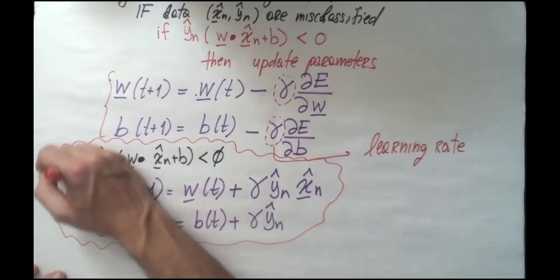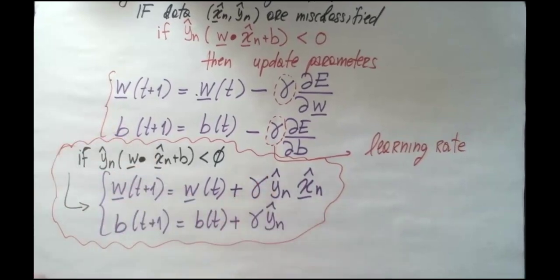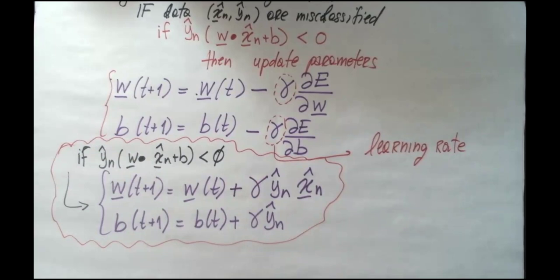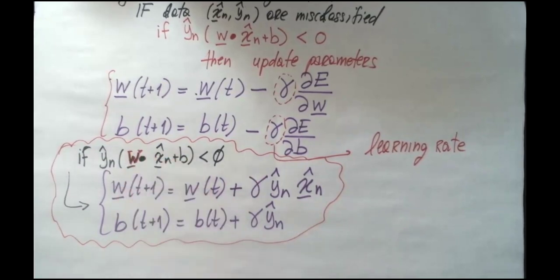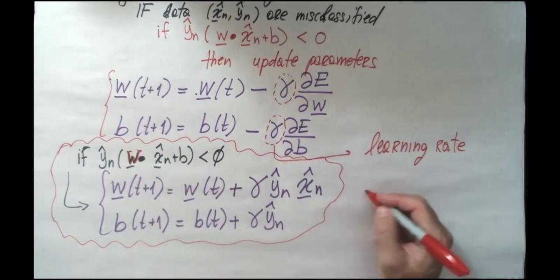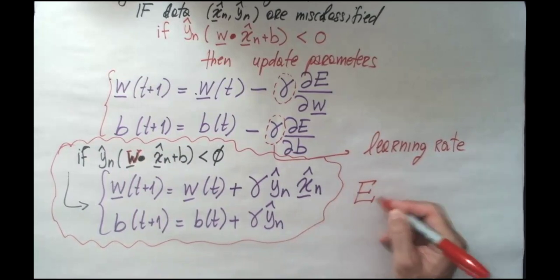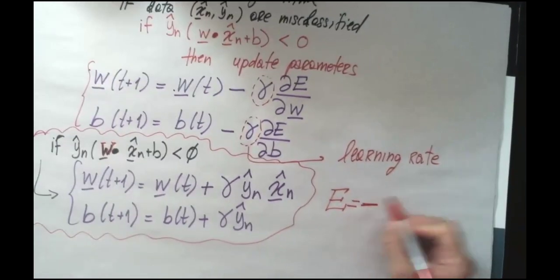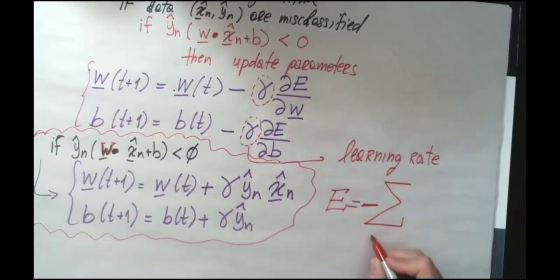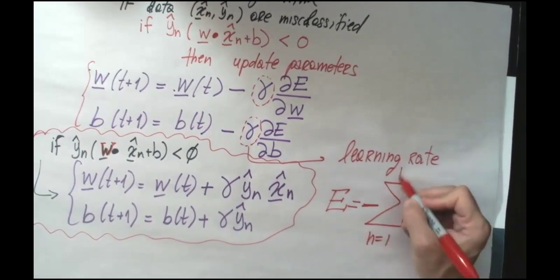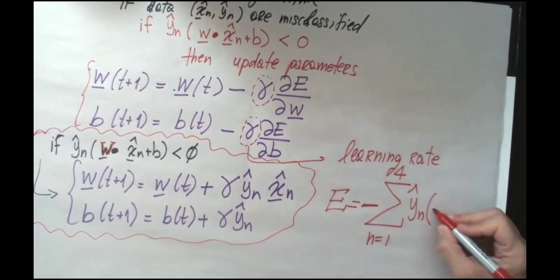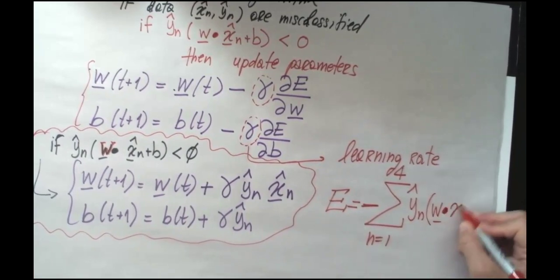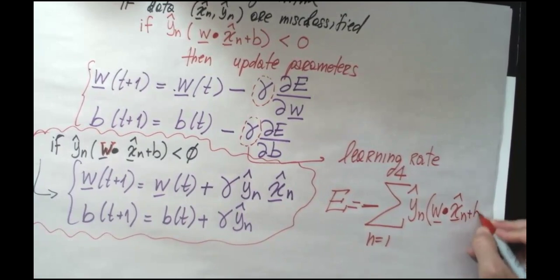And then you keep going, and eventually this algorithm will reach convergence, minimizing the energy E, which in our case is equal to the sum from n equals 1 to 4 of yn times w dotted with xn plus b.